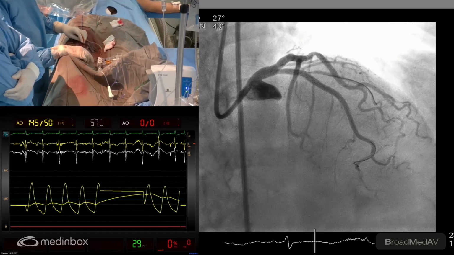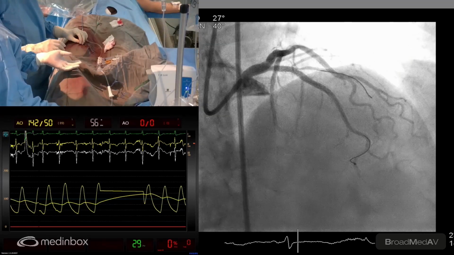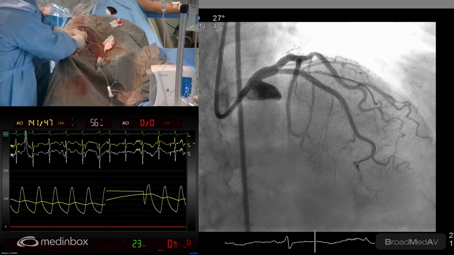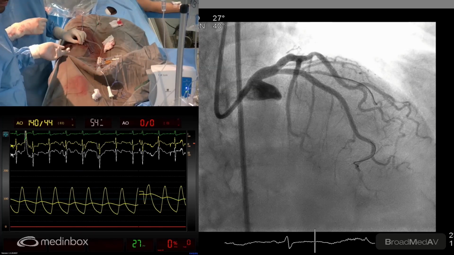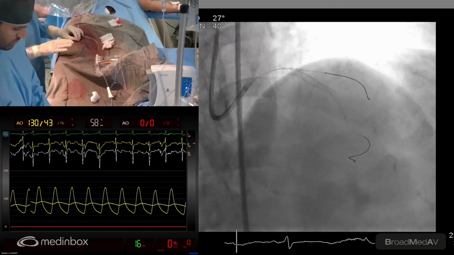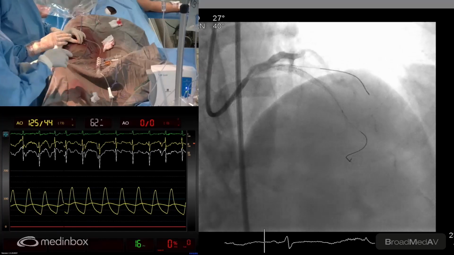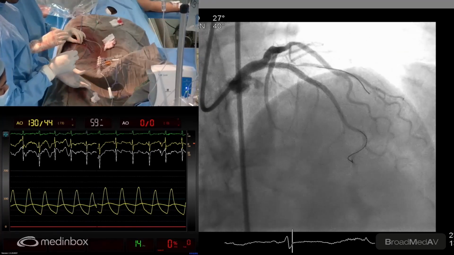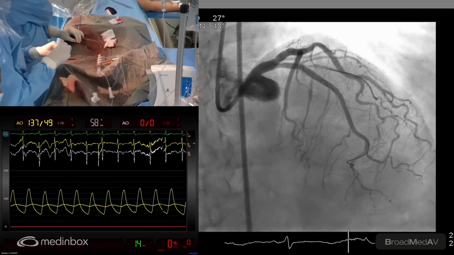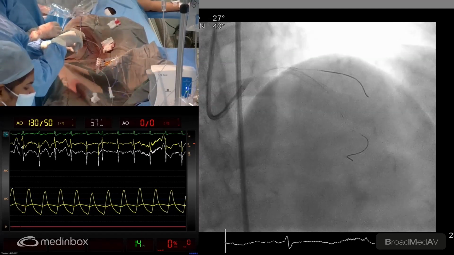Okay, so it looks pretty good even after the high pressure of 3.25 at the proximal juncture. The diagonal is still flowing. There's not much of any ECG changes, and the patient is comfortable now. IVUS, please. So let us go with the imaging and then decide whether we require any more high pressure dilatation at the proximal juncture. Okay, let's wait 5 minutes more.